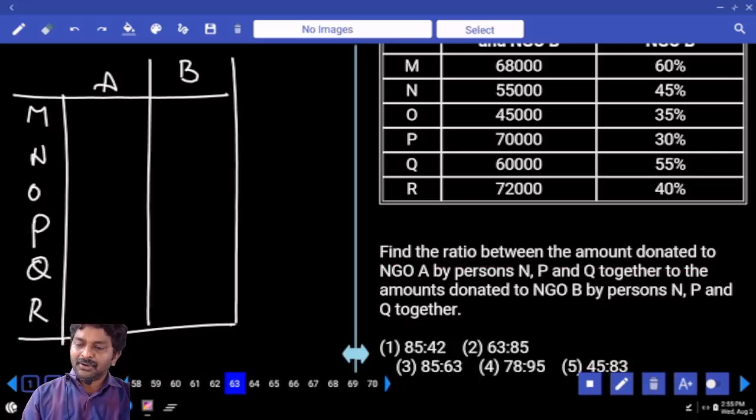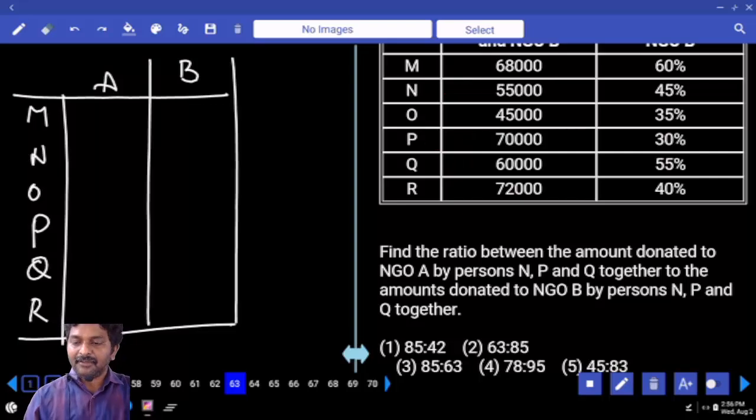Find the ratio between amount donated to NGO A by persons NPQ together to the amount donated to B by the persons NPQ together. NPQ. N, P and then Q. Right.